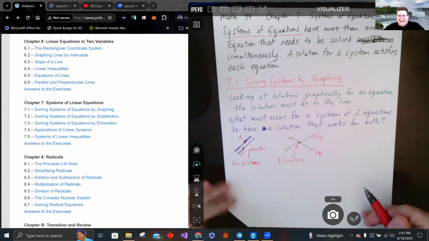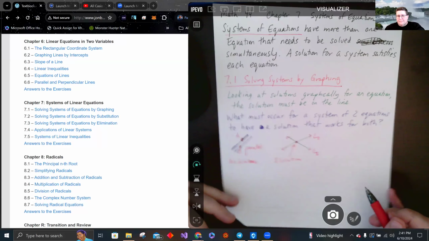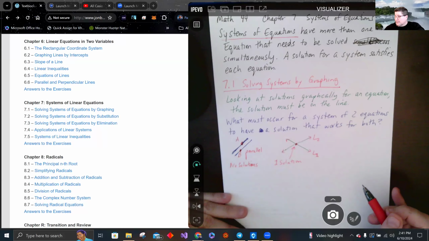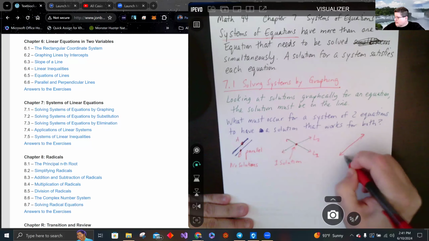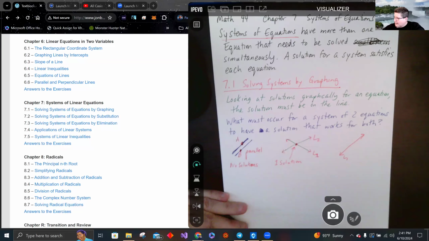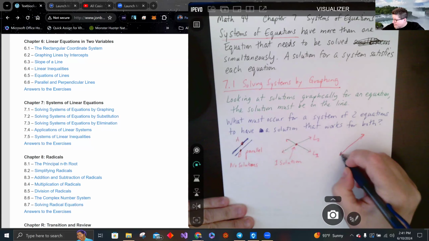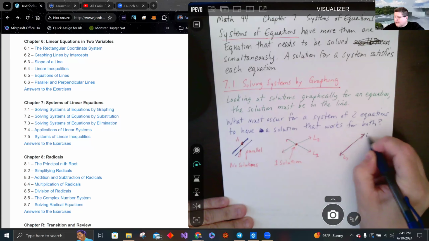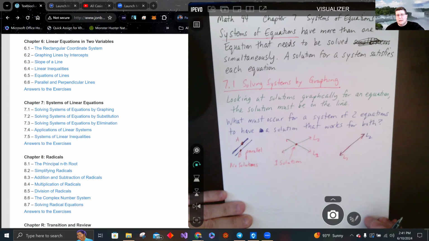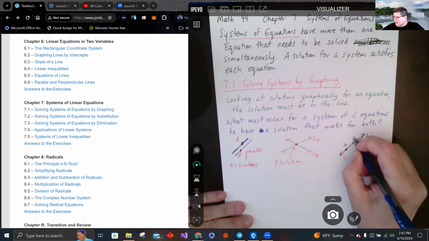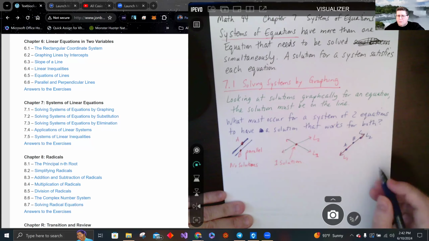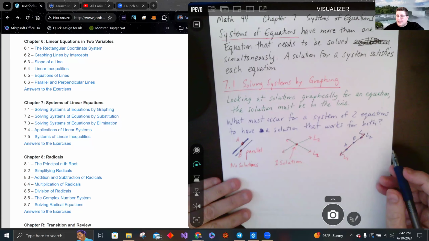There's one other way that a system of equations can end up resulting. I could have line 1 here, and then line 2 happens to fall right on top of it. So that A, B, C, all the points on either line satisfy it.